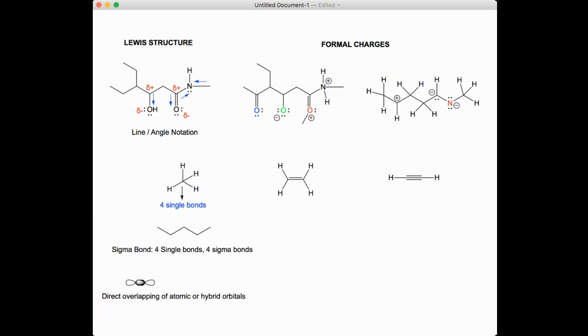And that's very important because once again, sigma stands for cylindrically symmetrical. So you can see how in any sigma bond, guys, and I'm trying to show here, across the axis of the atoms, you have electron density.